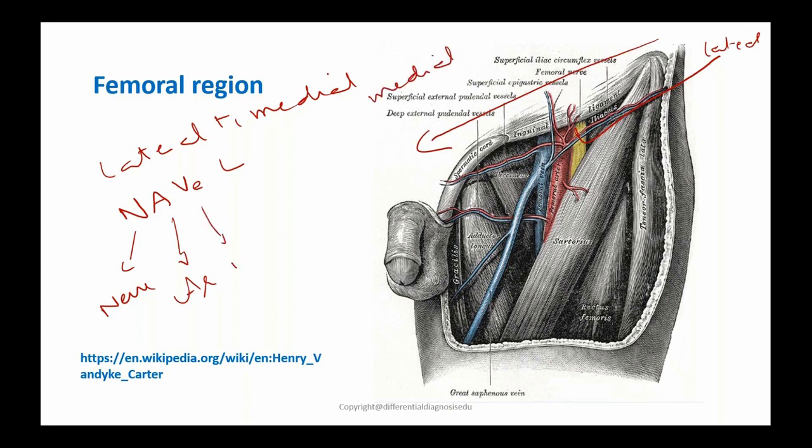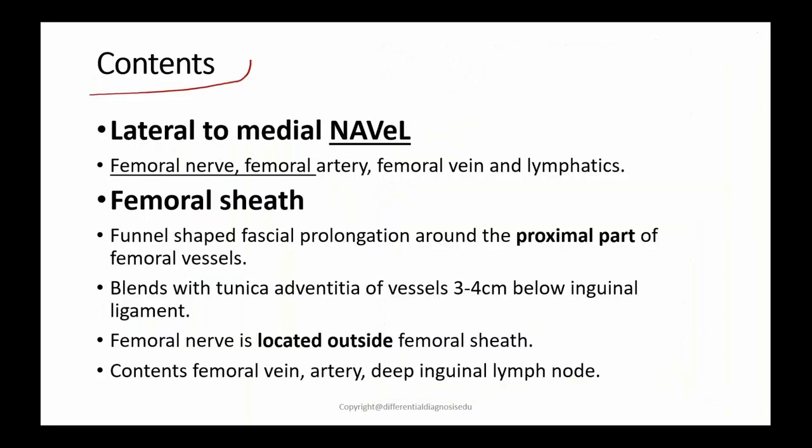V is vein. E is empty space. And L is lymphatics. So the contents are important, lateral to medial side.